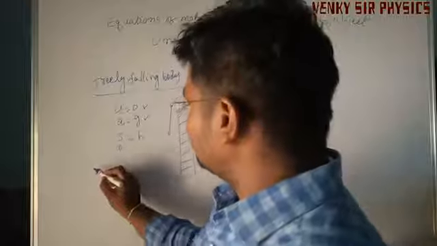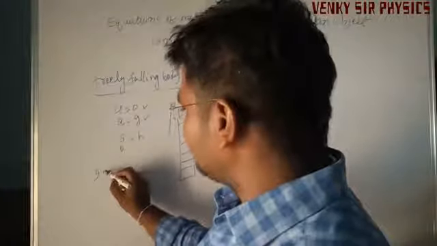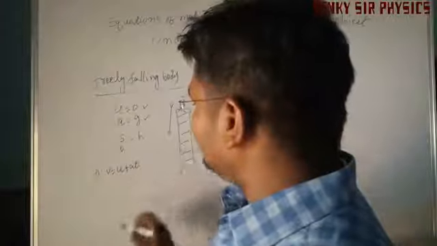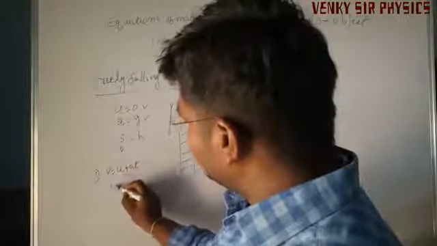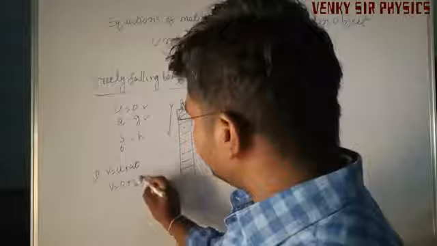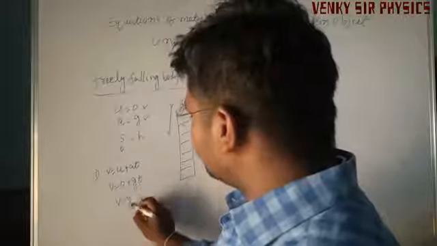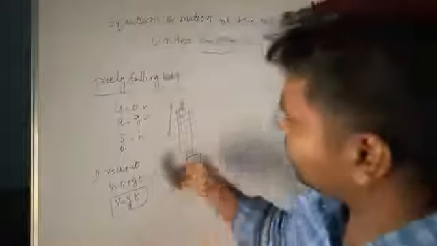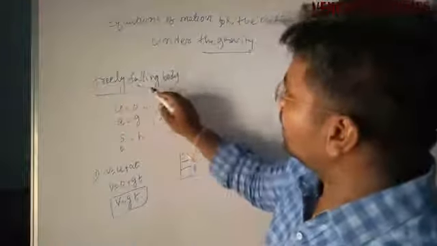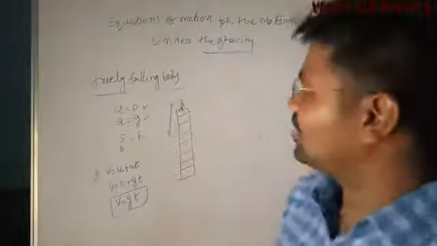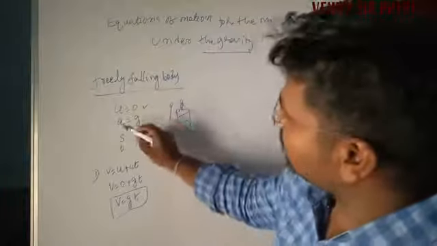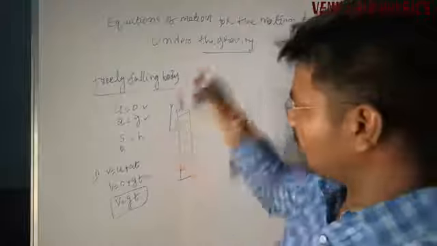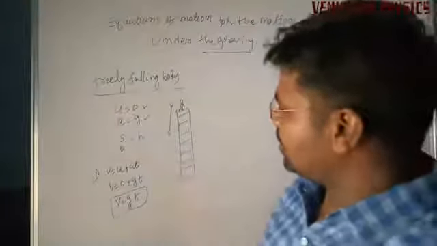The first kinematic equation, v is equal to u plus at, becomes v is equal to 0 plus gt. Why does the equation change? For a freely falling body under gravity, initial velocity is 0, acceleration is g because the body moves downward, and displacement is h.